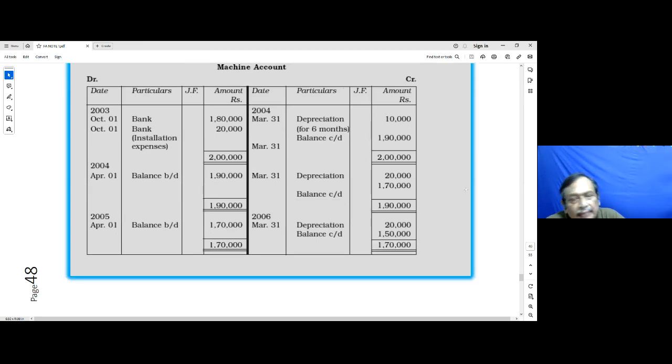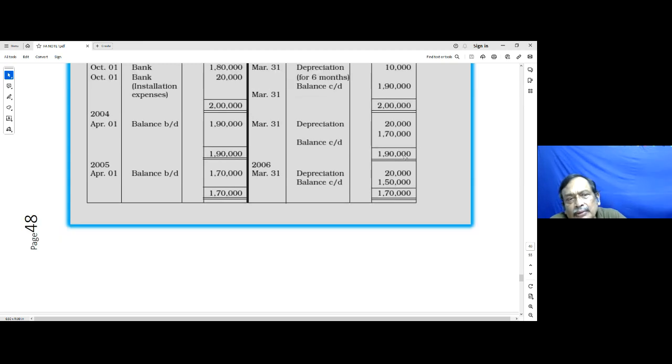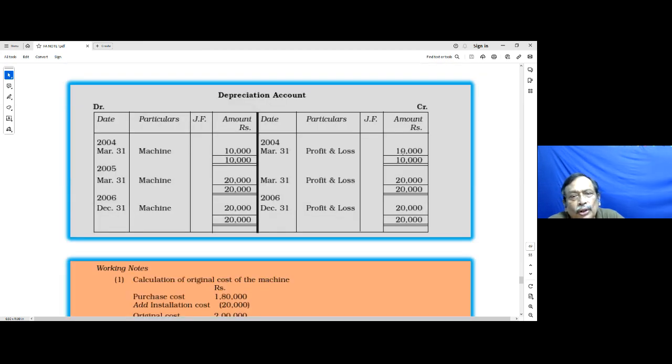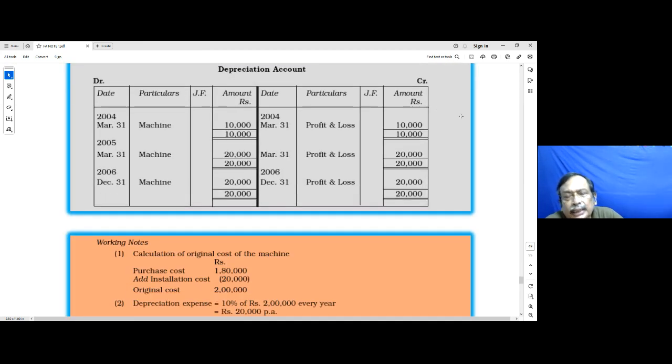Hence, every year from the next year onwards, depreciation will be 20,000, that is 10% on 2 lakhs. That's why second year and third year depreciation is 20,000. First year depreciation is 10,000 for 6 months, and for the other 2 years depreciation is charged for the full year, 20,000 each.